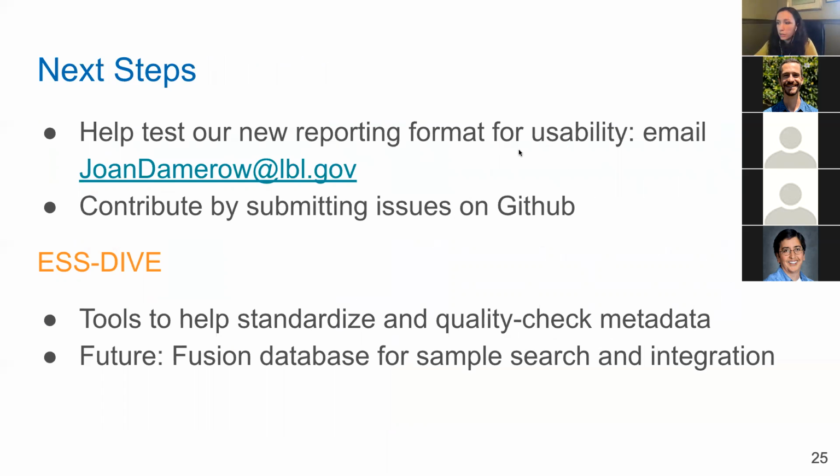You can also just contribute by submitting issues on GitHub. What we'll be doing at ESSDIVE in the near term is developing and putting out tools on this GitHub repository to help standardize and quality check the sample metadata. And in the future, we'll be working towards this Fusion database where we'll have more advanced search within and across data sets.